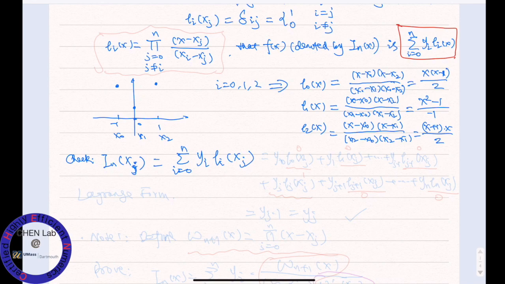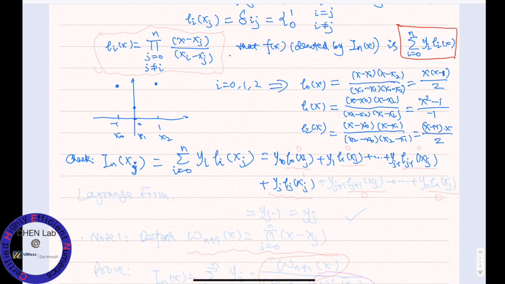If I write one more step here, you're going to get y0 L0 of xj plus y1 L1 of xj plus, somewhere, y(j-1) L(j-1) at xj, plus yj Lj at xj.